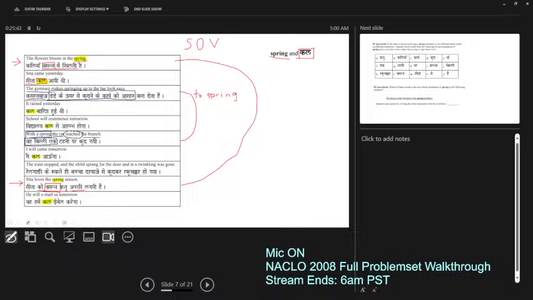Answer choice B is kind of a longer one. Honestly, don't really see it.